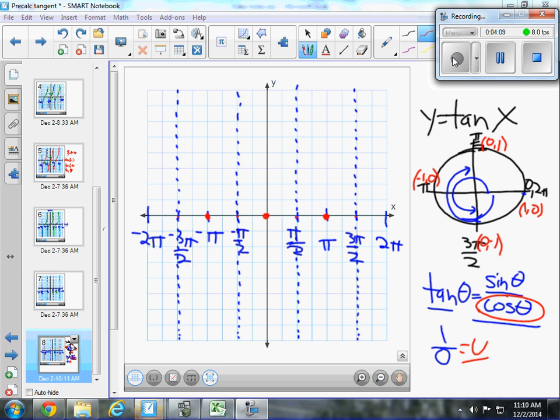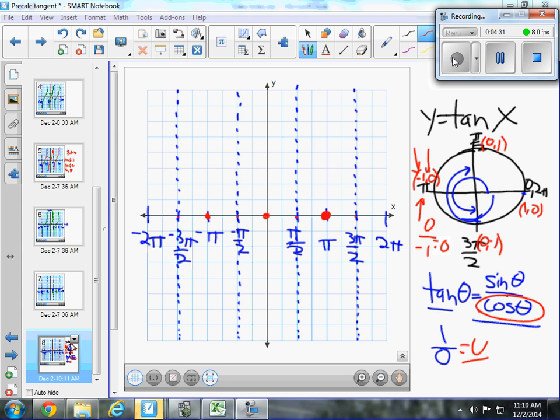Let's check that for a second. This 0 right here is at pi. At the angle pi, my sine is equal to 0 and my cosine is equal to negative 1. 0 divided by negative 1 is 0.